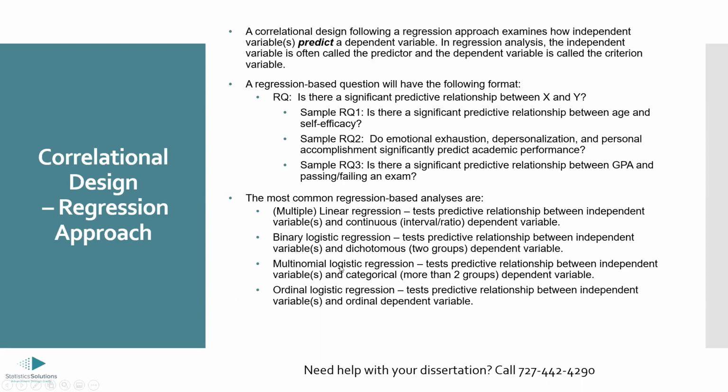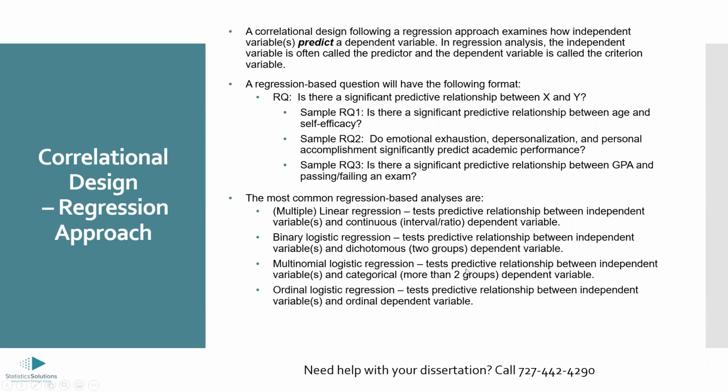A multinomial logistic regression is taking that binary idea, but extending it to possibilities that exceed 2. So you can have more than 2 groups for your dependent variable. So if you're trying to predict ethnicity, just to illustrate, if ethnicity was your outcome, you can have white, Black, Asian, Hispanic, other.